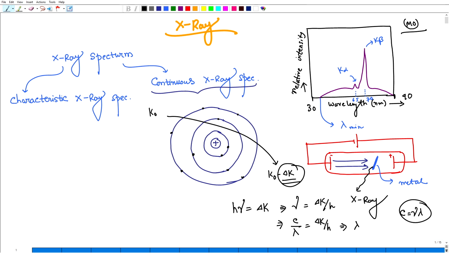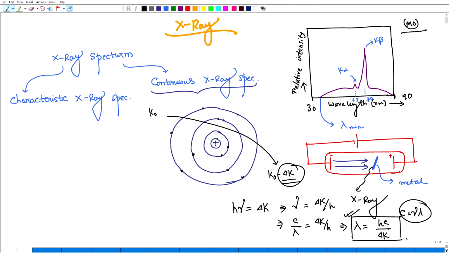From here we can write lambda equals h c by delta k. This will be the wavelength of the emitted X-ray photon. Now if delta k increases, essentially if the energy increases, the frequency will also increase, and obviously lambda, the wavelength, will decrease. We can see it from here as well.